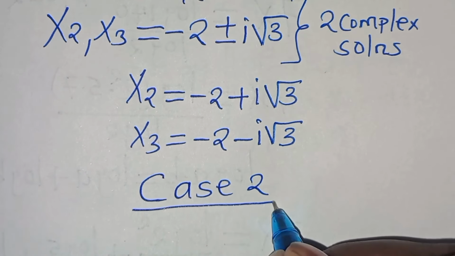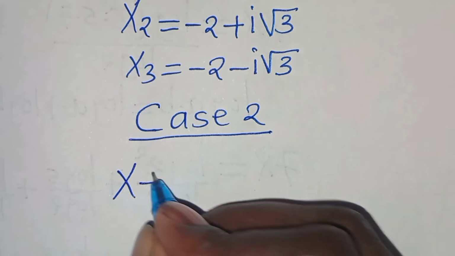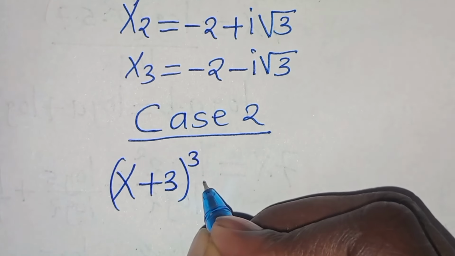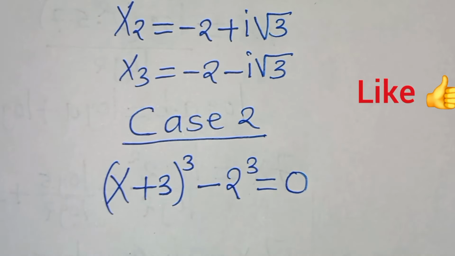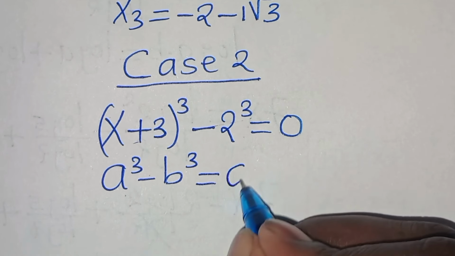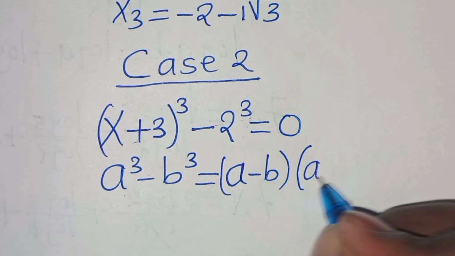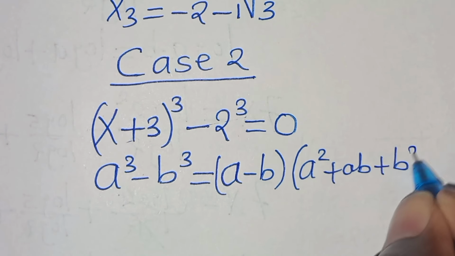Now in case 2, we have (x plus 3) raised to the power of 3, then subtract 2 to the power of 3. This is equal to 0. Now this is in the form of a to the power of 3 minus b to the power of 3, which is the difference of two cubes that we can express as (a minus b) times (a squared plus a times b, then plus b to the power of 2).